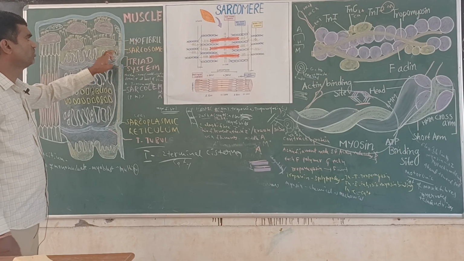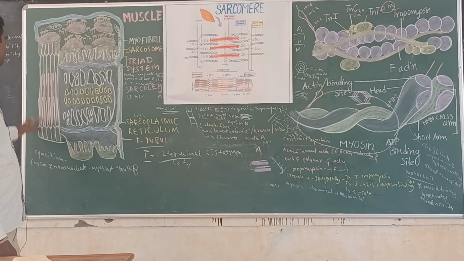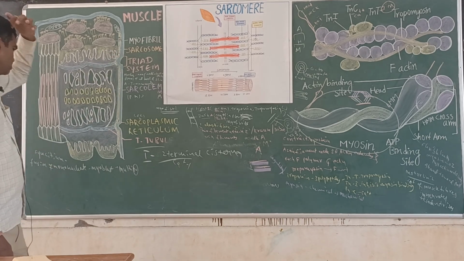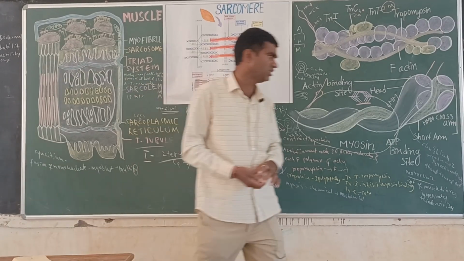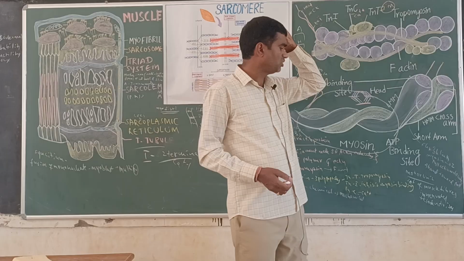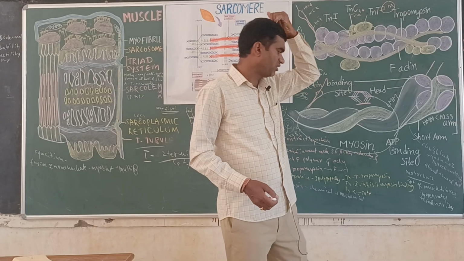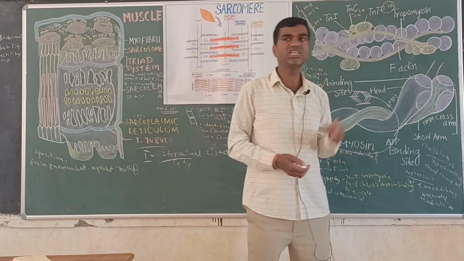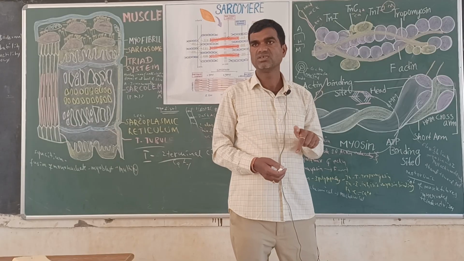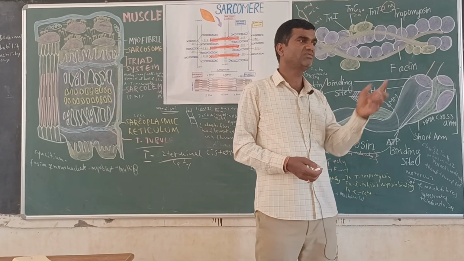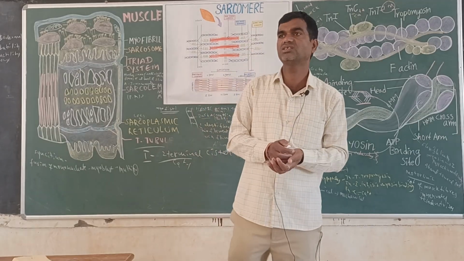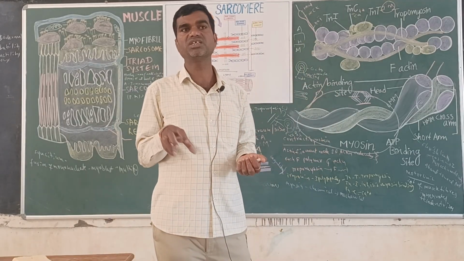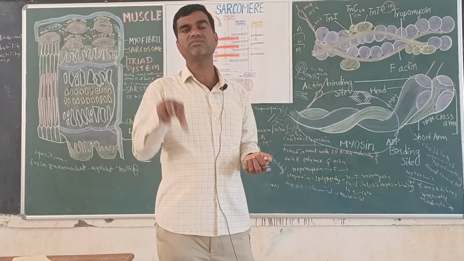So these are the myofibrils. It is called a sarcosome, okay. So this is about the skeletal muscle. And the last one is the motor unit. What is a motor unit? A set of muscle fibers that are innervated. They are innervated by the telodendrites, where junctions are forming.